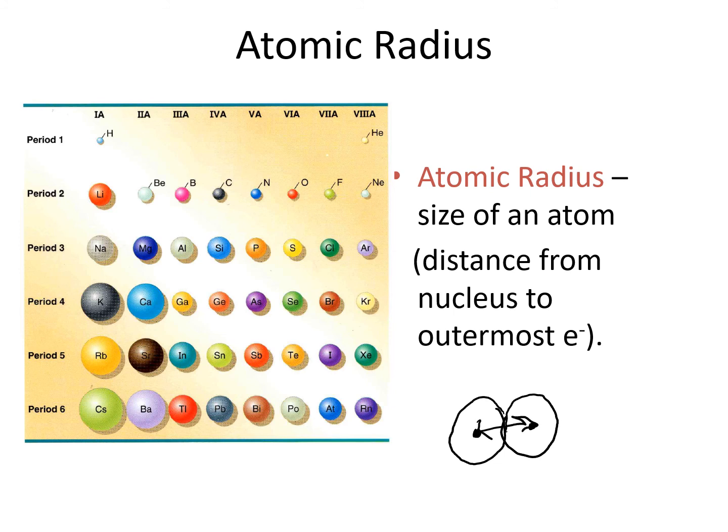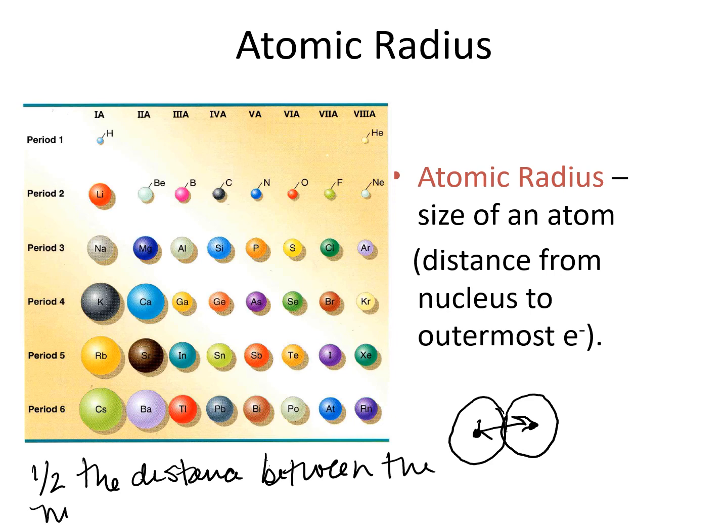So atomic radius is defined as 1/2 the distance between the nuclei on 2 adjacent atoms.